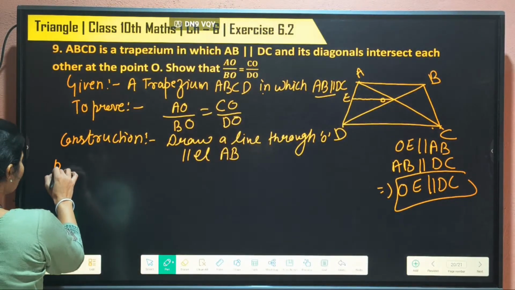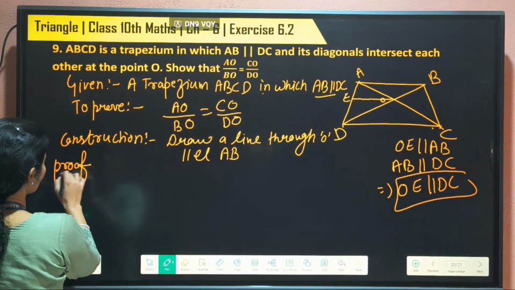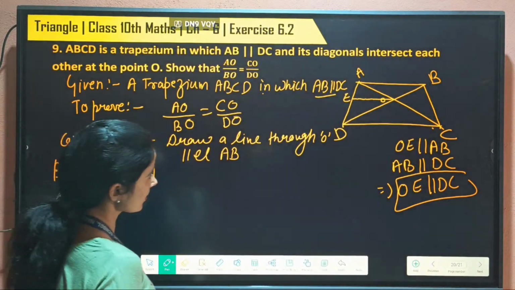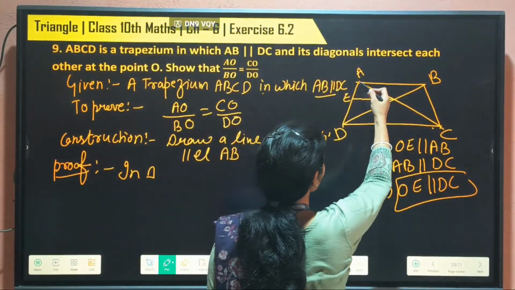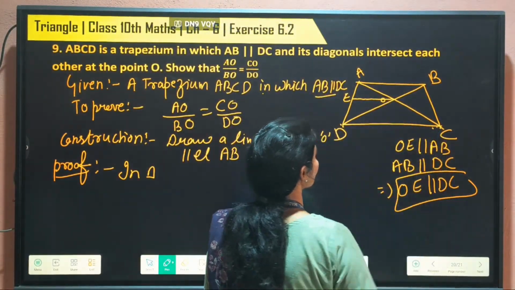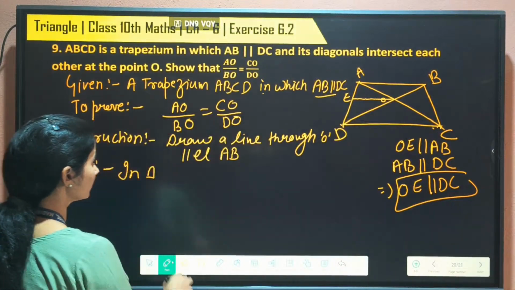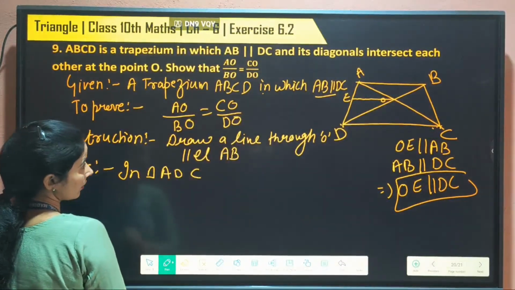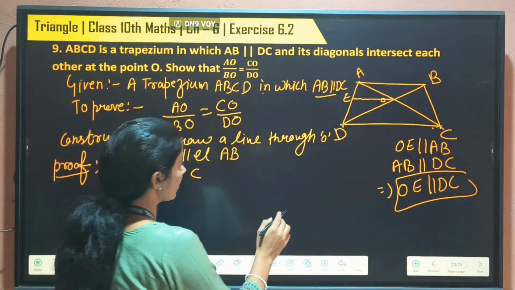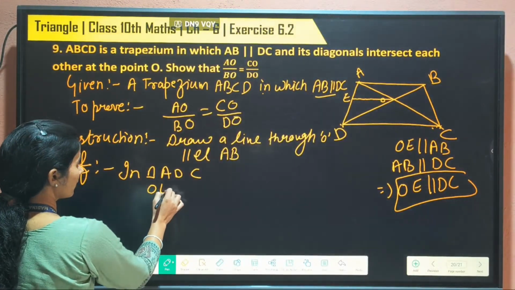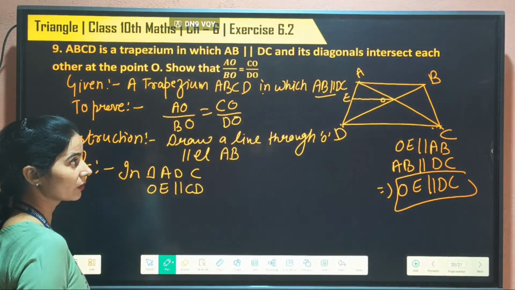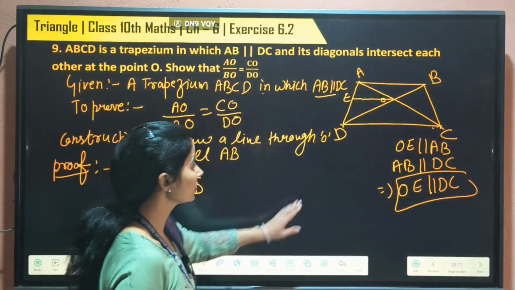Now proof. Let us consider triangle ADC. This OE is parallel to the side CD.